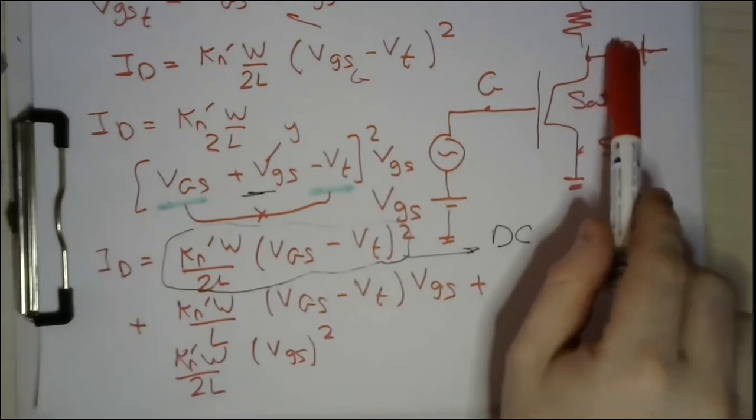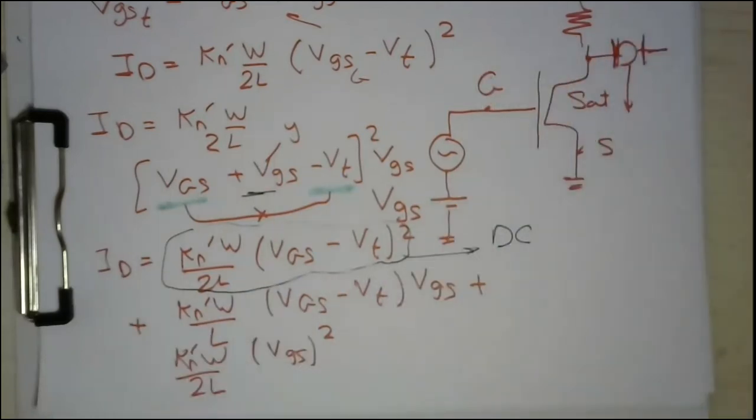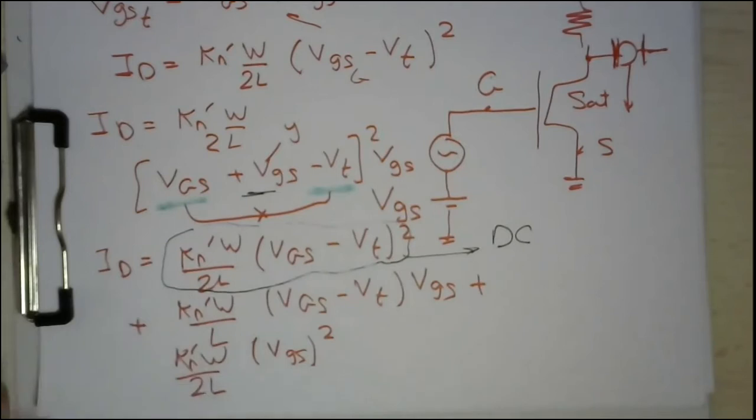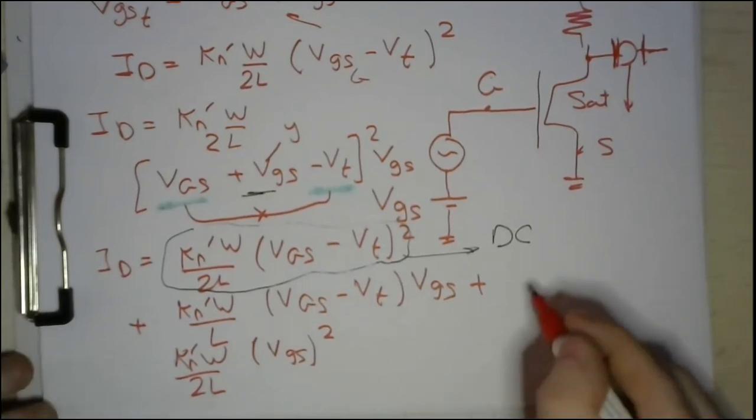So this capacitor on the output will trap out any DC component. So this current is not of interest. It's a DC current. Accordingly, we have two AC current components, the second and the third.